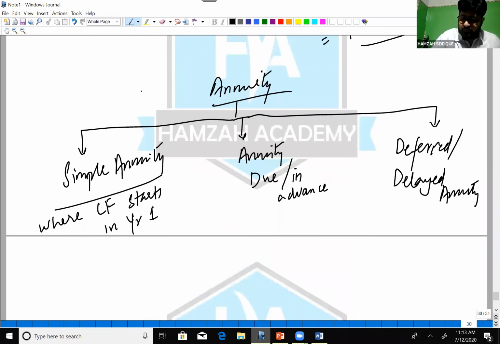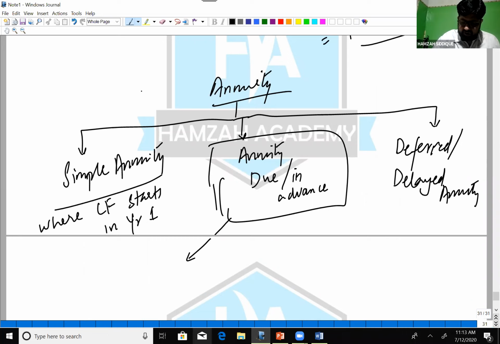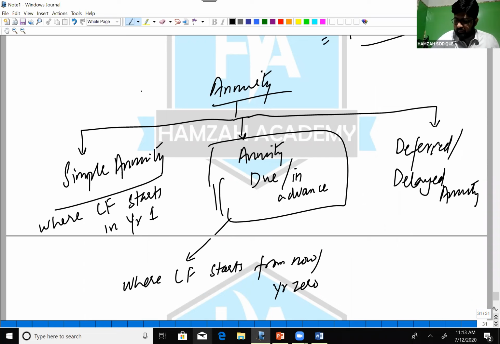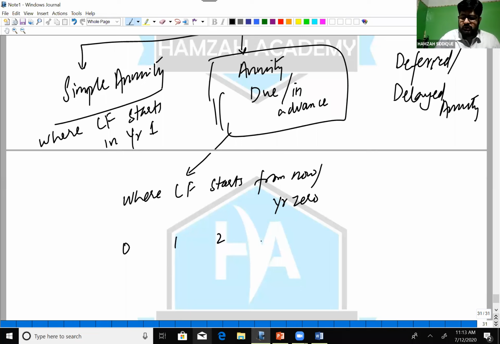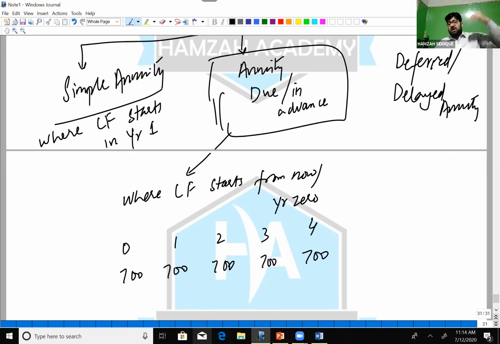Now annuity due, what is it? It is where cash flow starts from now, or from year zero. For example, 0, 1, 2, 3, and 4. Cash flow starting now.